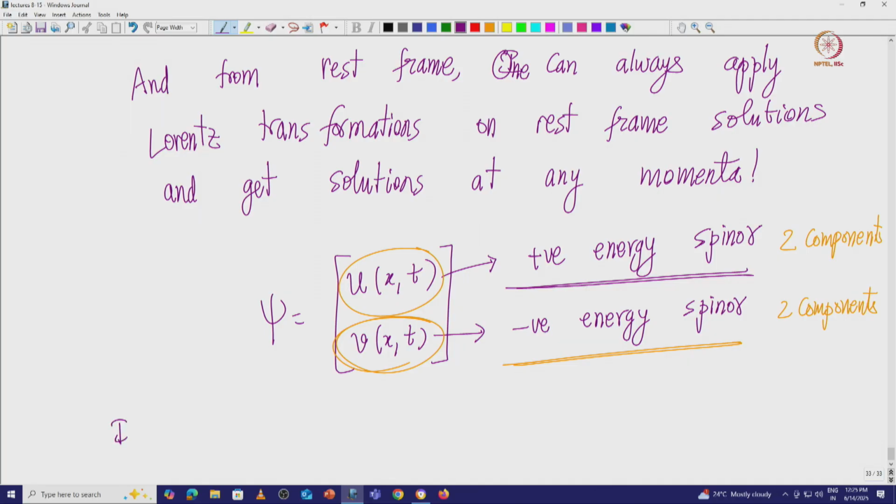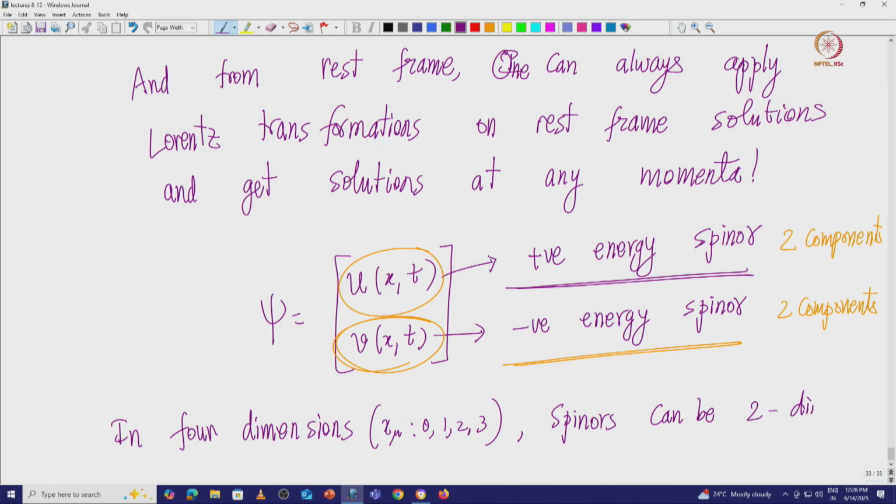So in 4 dimensions, I mean 4 space time dimensions, you have x mu, and mu is equal to 0, 1, 2, 3. So we have only 4 space time dimensions. In this case, spinors can be 2 dimensions or 4 dimensions.